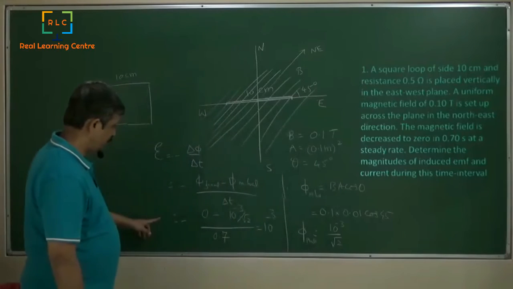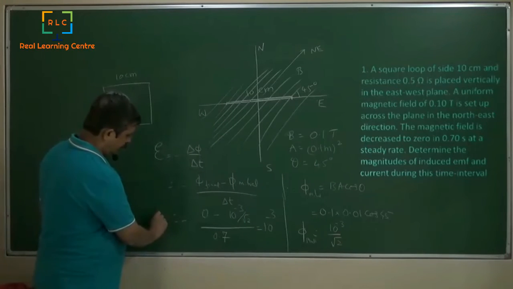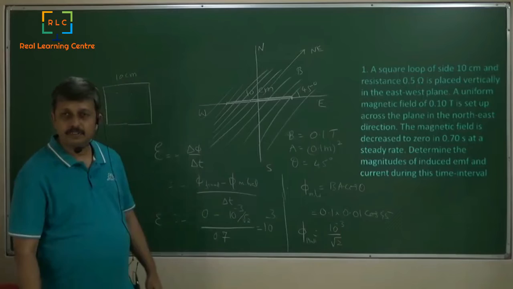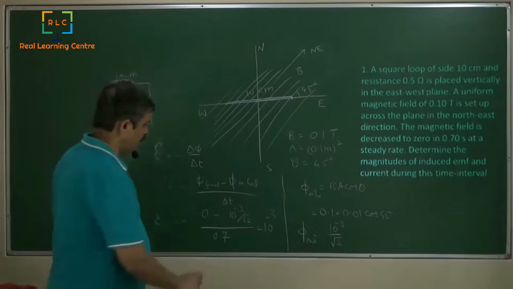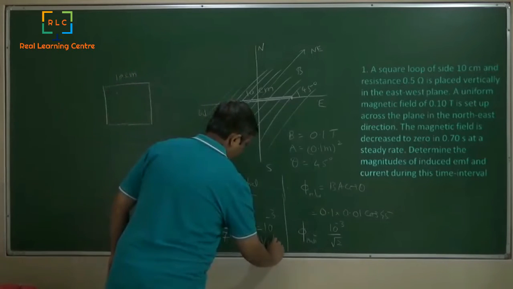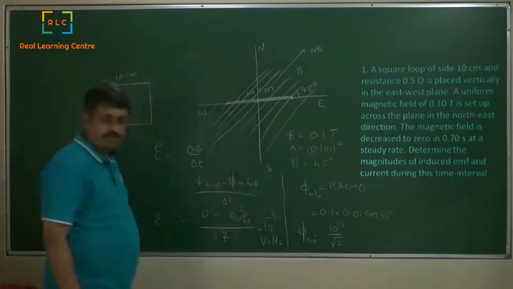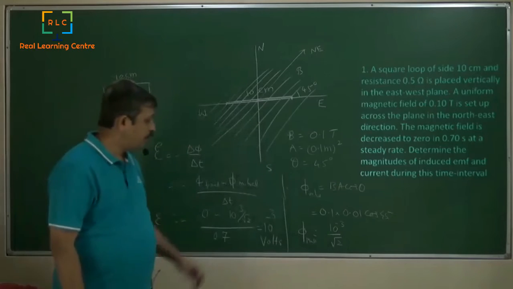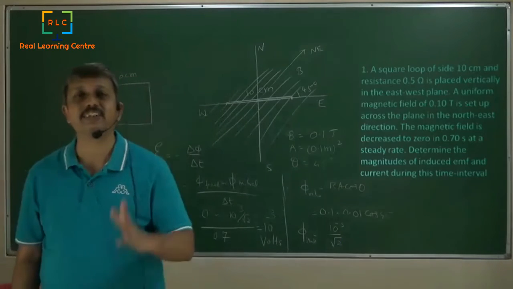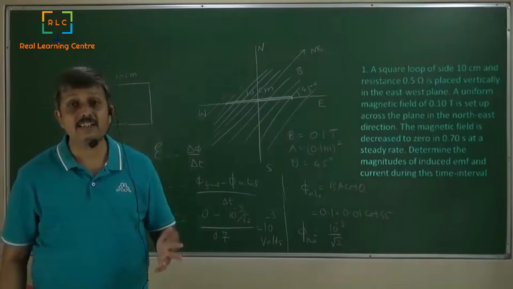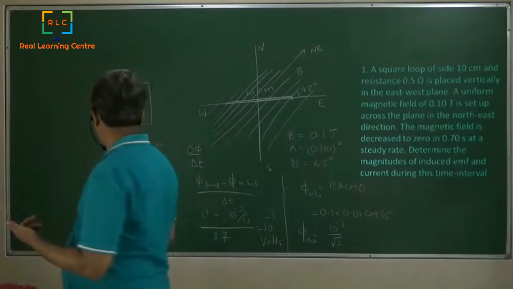This is the EMF induced, in volts. So 10 to the power of minus 3 volts is induced. So what is the current? For that we have Ohm's law.